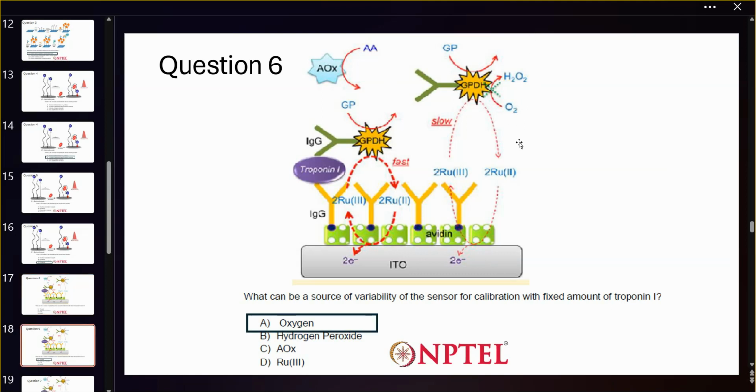Variability is basically what is changing the electron transfer, or how it is affecting the electron transfer. The only component in the system that is affecting the electron transfer is oxygen. So the answer is oxygen.